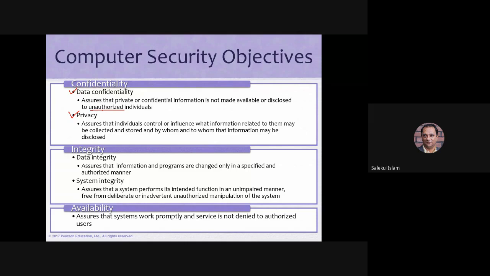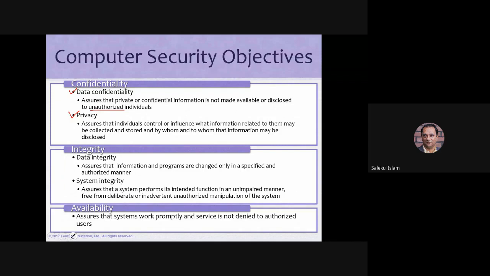Now, what is privacy? When we say privacy, you will understand there is some individual control. Whenever we say privacy, that means there should be control by the owner of the data. What is the difference from data confidentiality?